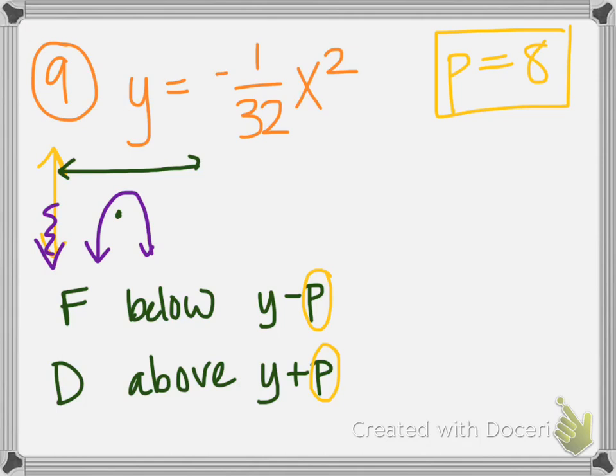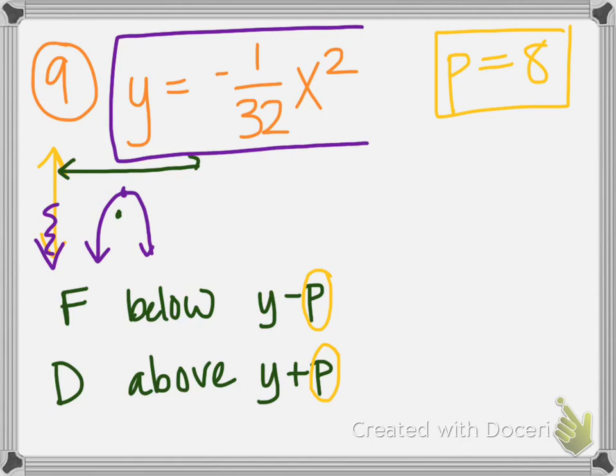So the only other question is, what's the y value for the vertex? To find the vertex, we look at our equation. And whatever is added to or subtracted from the x in parentheses is going to be your x value for your vertex. Well, there's nothing added or subtracted to the x inside the parentheses, so we got 0 for the x value.